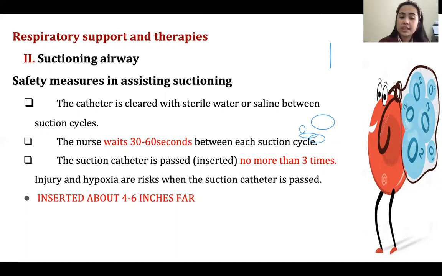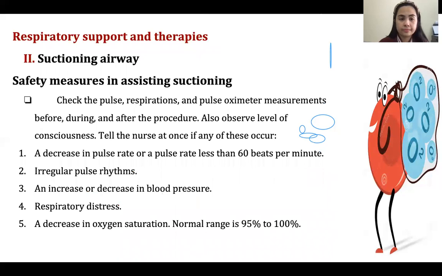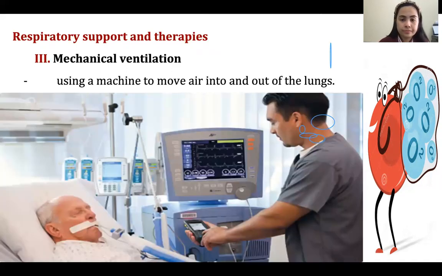Then you need to insert the catheter for about 4 to 6 inches only. Before doing that, you need to check the vital signs of the patient and the level of consciousness, and watch for a drop or abnormality in vital signs.